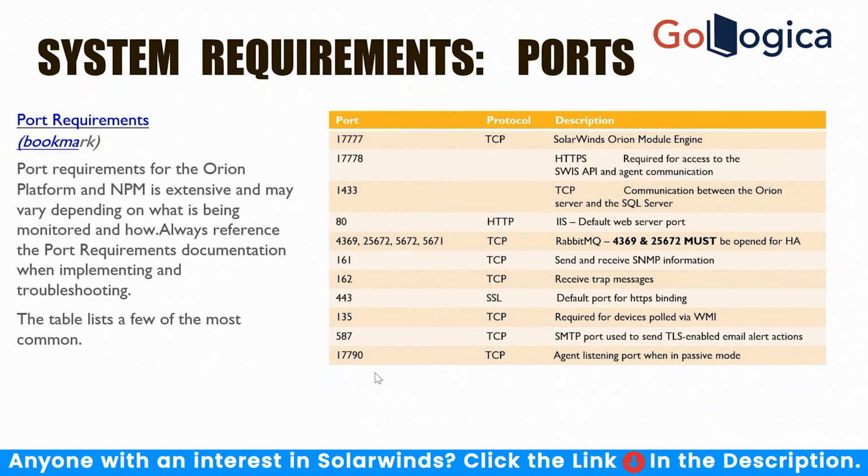SNMP is an open source protocol developed by open source people, and it can be enabled on all devices: routers, switches, Linux, Windows, storage, and some VMware devices as well. But WMI is developed by Microsoft only for Windows servers.